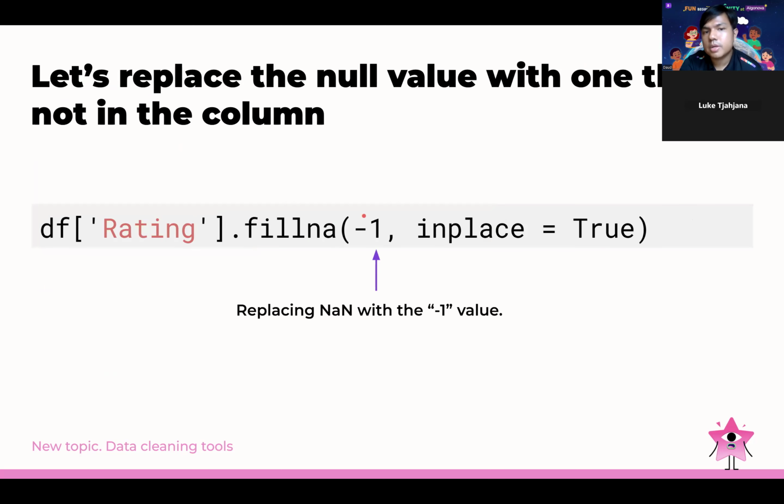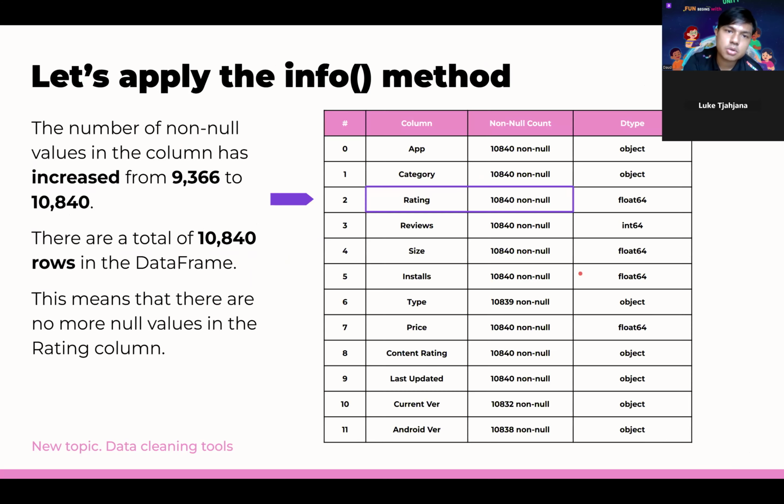For example, you want to fill the null values with -1. Just call the column name that you want to replace the null values in with the number -1, and don't forget inplace=True, so you don't have to create a new variable.